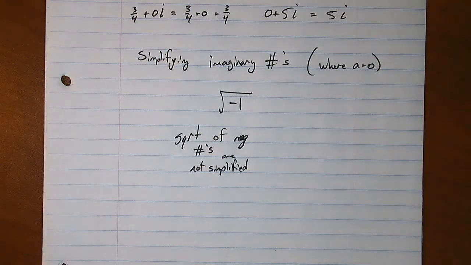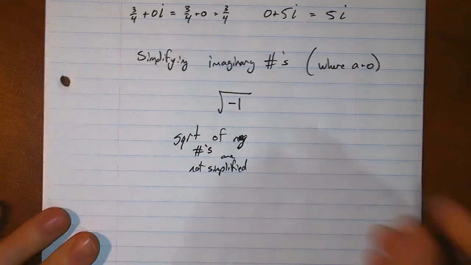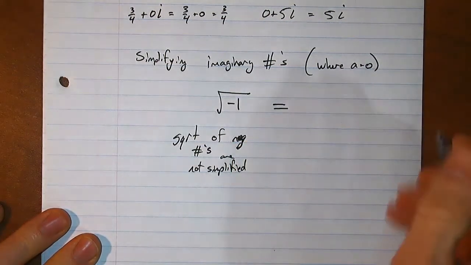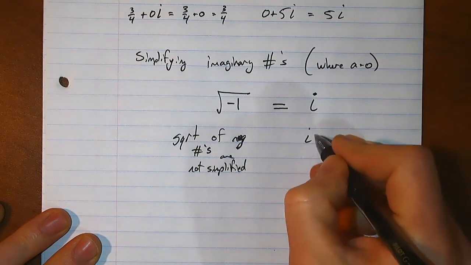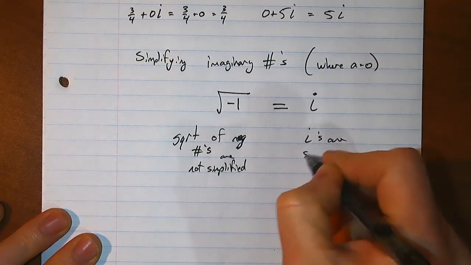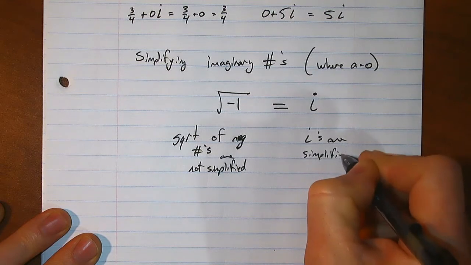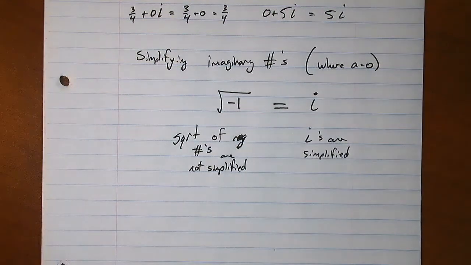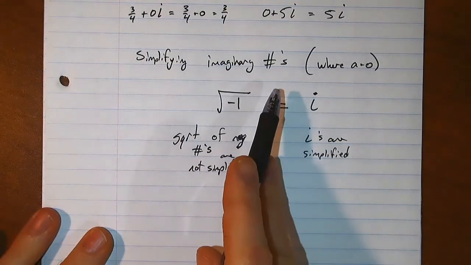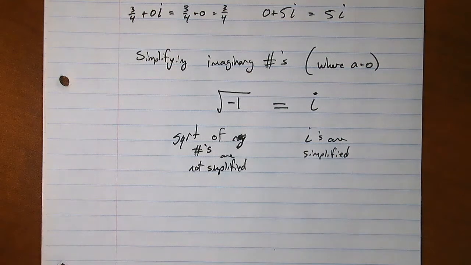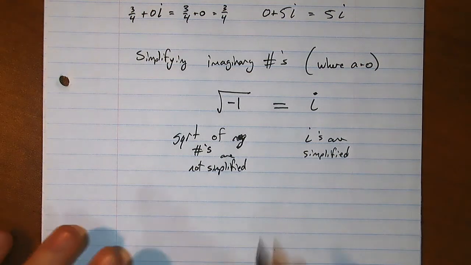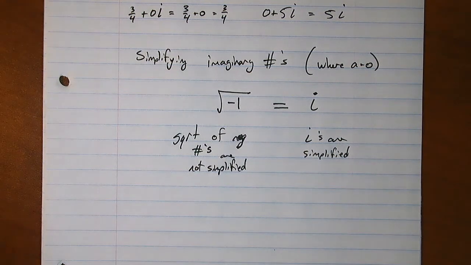If there's a square root of a negative number, that's not simplified. So what you need to do to simplify it is you need to bring in the imaginary unit. i's are simplified, generally speaking. Okay, we'll see when we start doing exponents that you have to be a little bit careful. But generally speaking, we call i simplified. So the whole idea of simplifying imaginary numbers is to break out this negative sign and turn it into an i. Right? So here's a basic example, and then we're going to wrap up this video here.